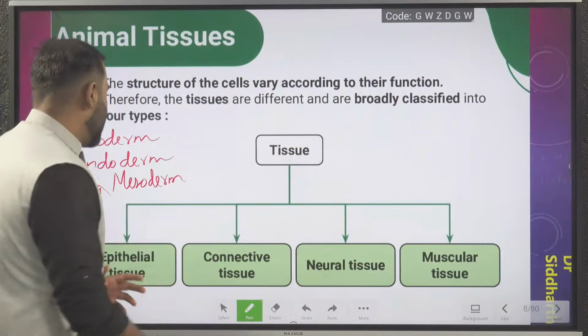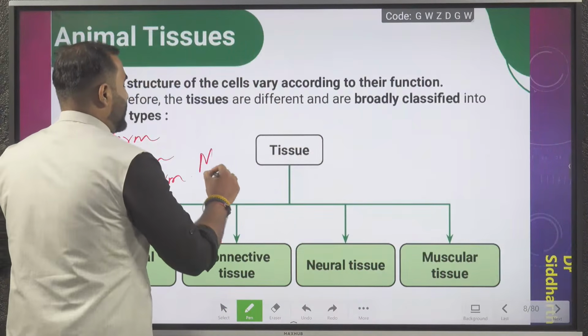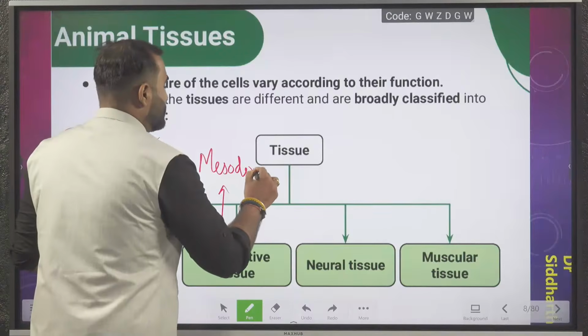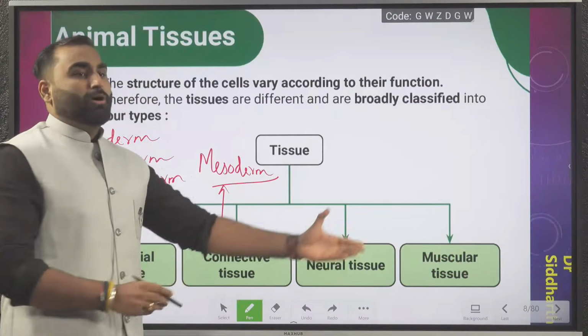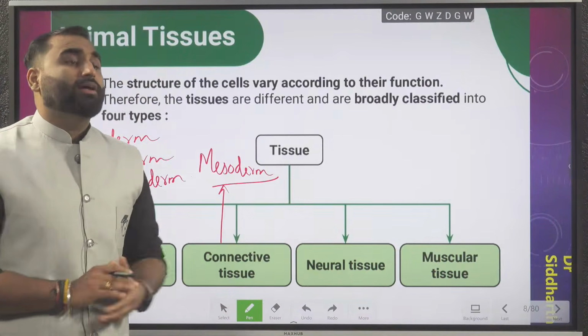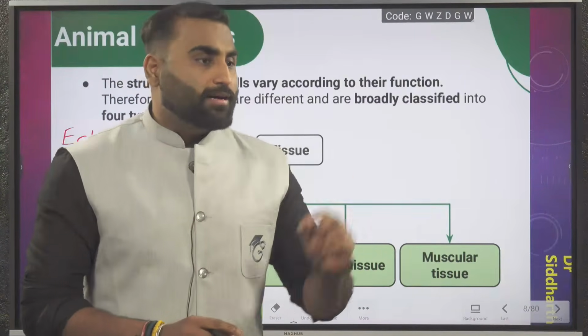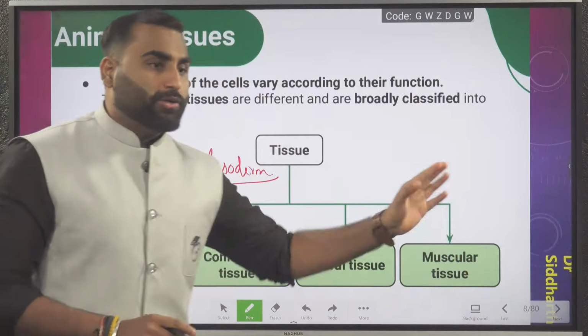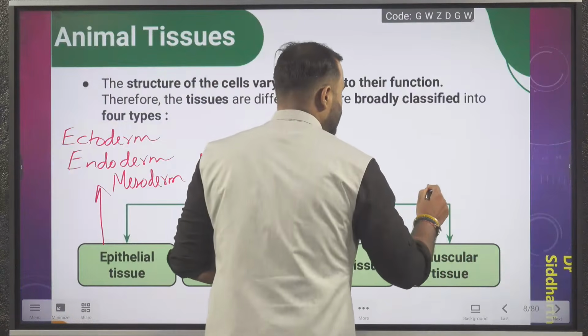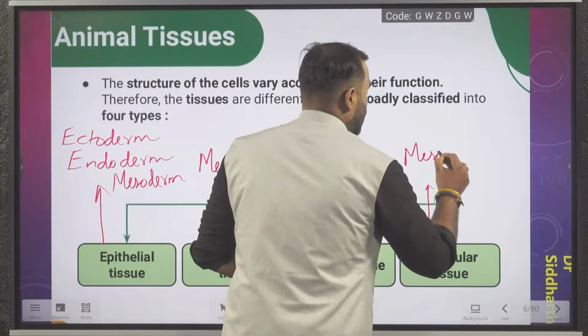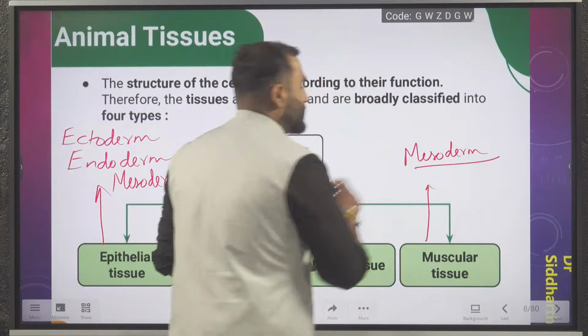So what is the answer here, guys? Connective tissue is only derived from mesoderm. What about muscular tissue? Muscular tissue also, we are going to say the same answer. Muscular tissue is also derived from mesoderm.